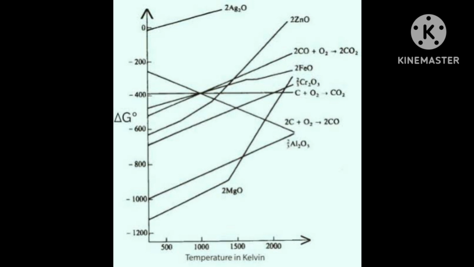These both terms, delta H and delta S, are generally constant. So the only dominant variable in the equation is what? Temperature. Only temperature is the variable.